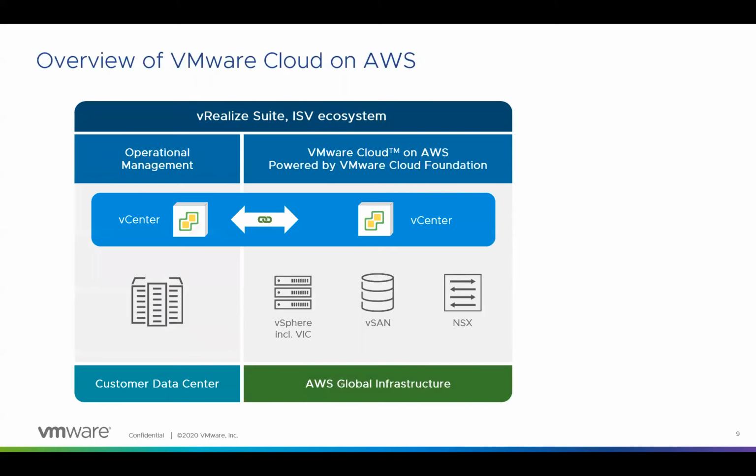Once we deploy the SDDC, the next thing you are going to need is to provide connectivity back to on-prem, because most of the workloads we deploy on the public cloud require some kind of hybrid connectivity back to on-prem. In this case, when we deployed Horizon on VMware Cloud on AWS, we required connectivity back to on-prem so that our colleagues can access not only the resources over the internet, but also the resources on-prem.